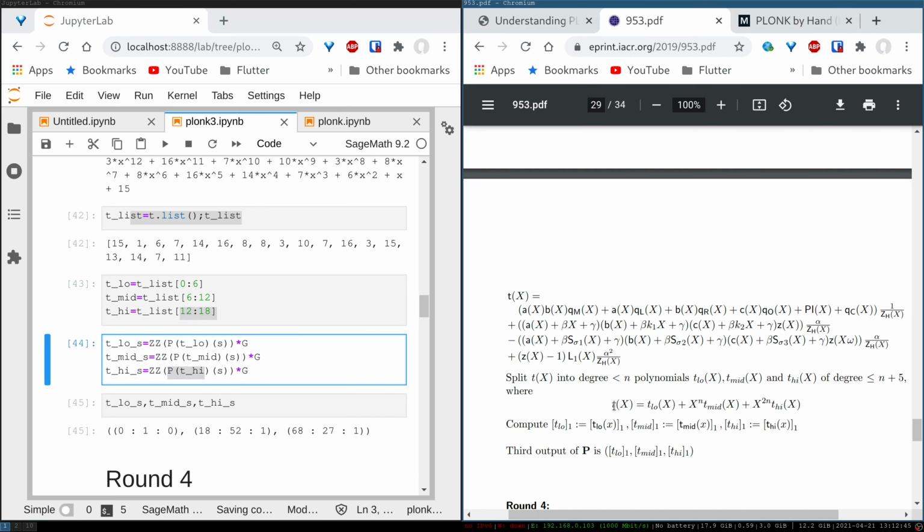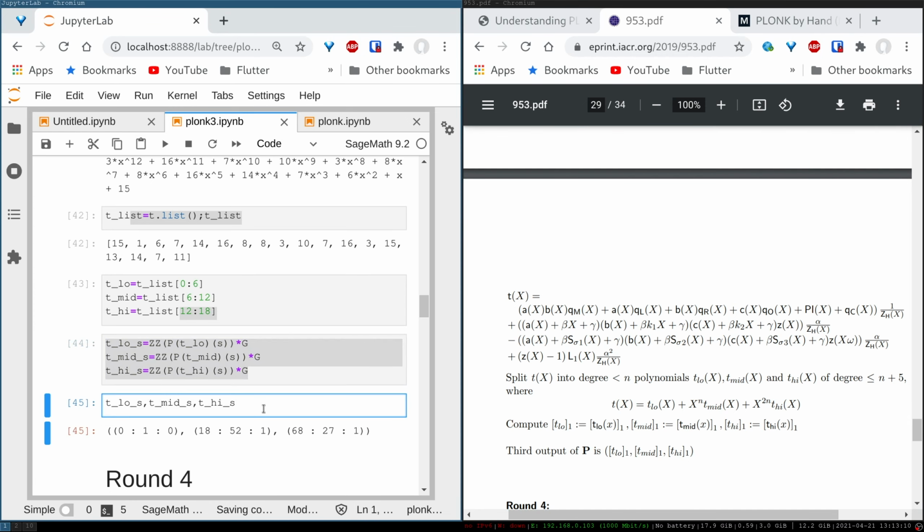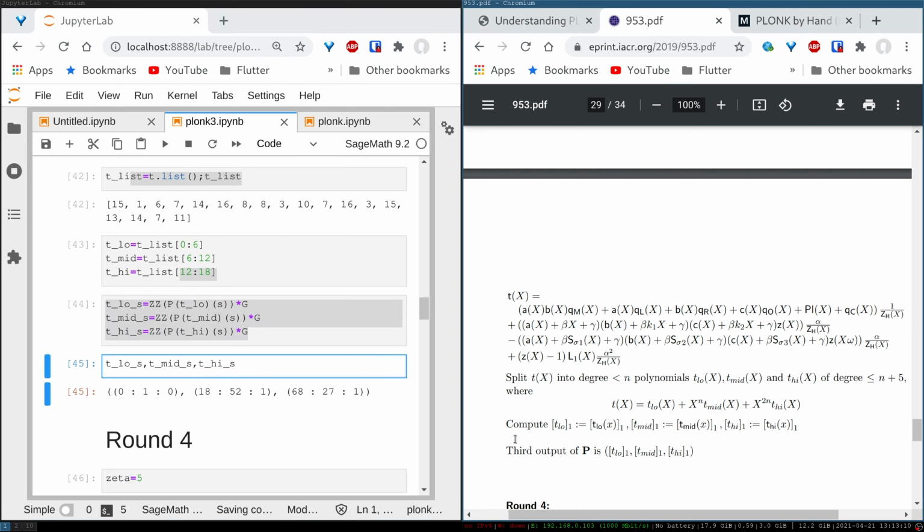So at the end, the real polynomial is the sum of T low, T mid, and T high, where you gather 6 coordinates per polynomial. And finally, you evaluate T low, T mid, and T high at point S. So this is down here. And that gives us the third output of the proof.